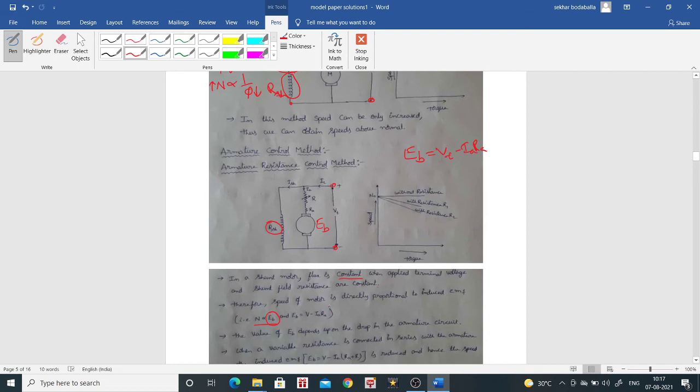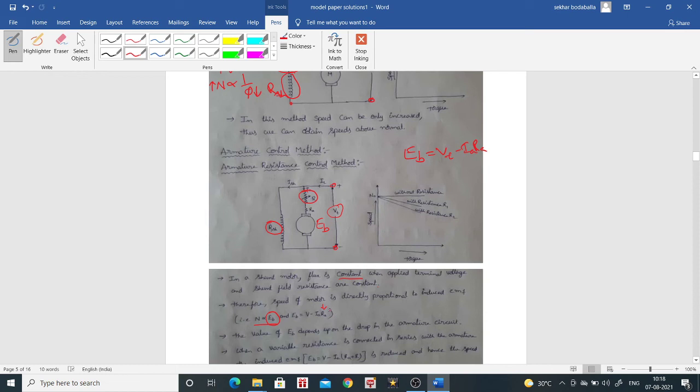Since the terminal voltage Vt is constant, if I want to change the Ia-Ra drop, I can do so by changing the armature resistance. For that, I insert a variable resistance R in series with the armature.